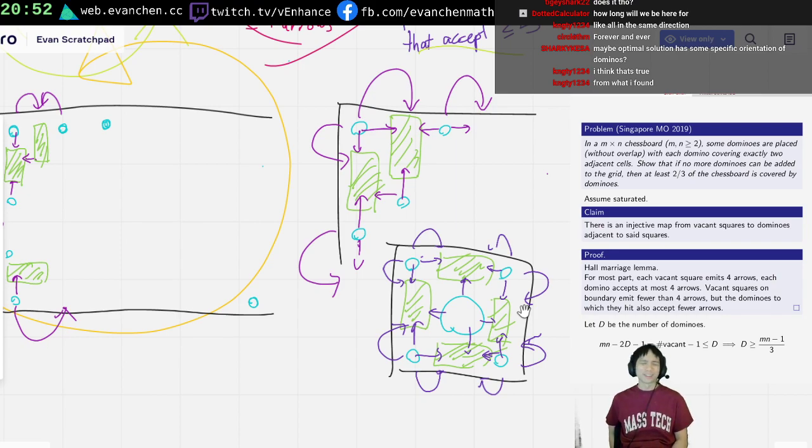Oh, okay. Sorry. True is not what I meant. I agree it's probably true. I just don't see how I can prove it from my current framework.